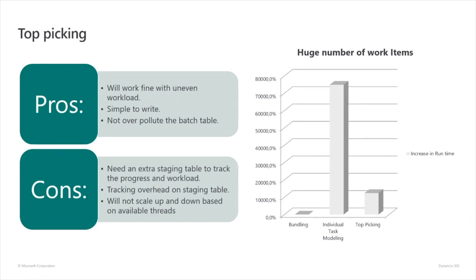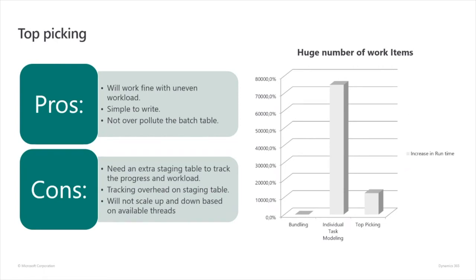This approach works quite fine with uneven workload and is also relatively simple to write. It doesn't overpollute the batch framework a lot, as the staging tables which you create are simply offloading some bits of it into your logic around the staging.